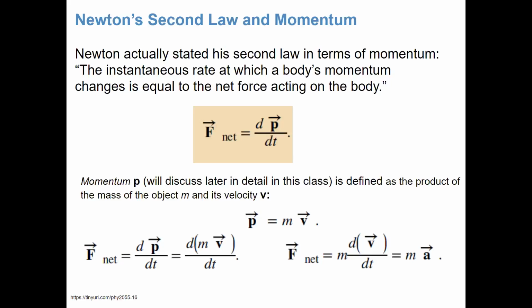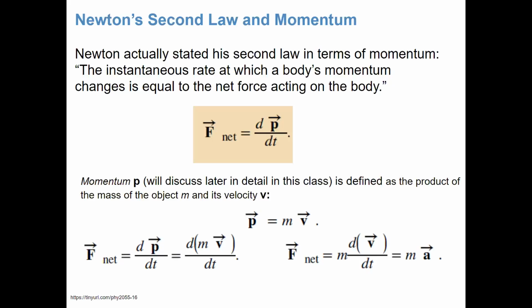Although we haven't learned about it, momentum is defined as mass times velocity. Mass is a scalar quantity, velocity is a vector, so momentum is also a vector. We will talk about momentum a couple of chapters later, but this is just to give you an idea of the format in which he first proposed it.